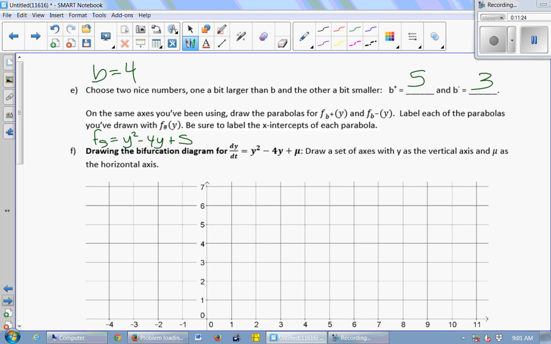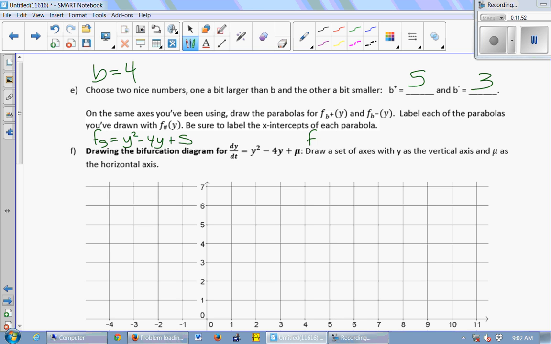Could we find the horizontal intercepts of that function? How? Quadratic formula. I don't think it factors, but I could use the quadratic formula.